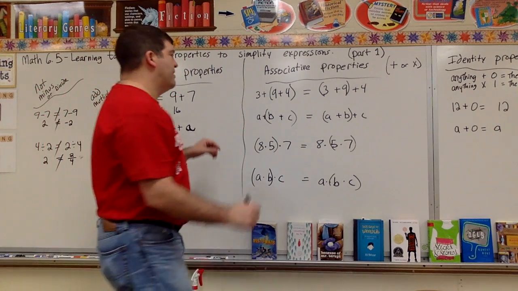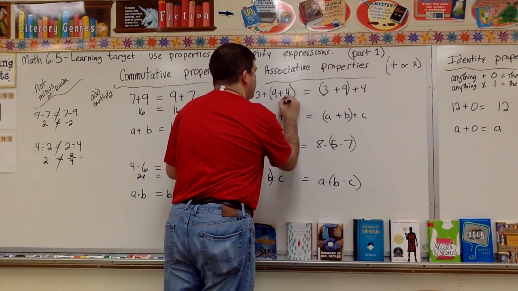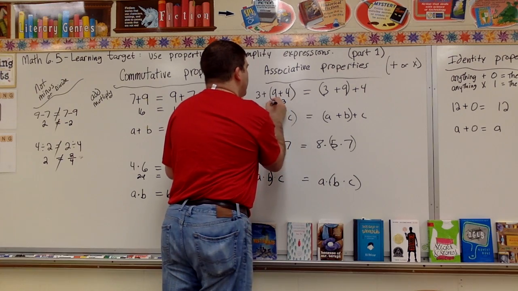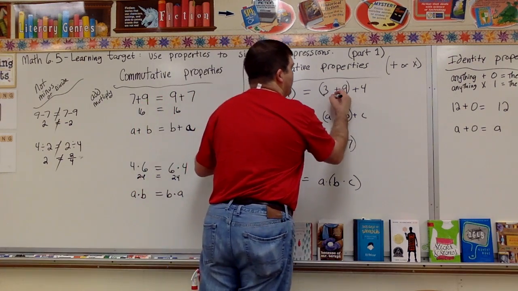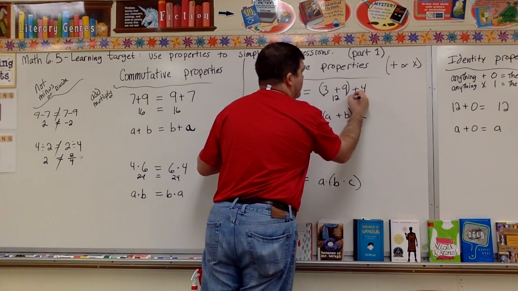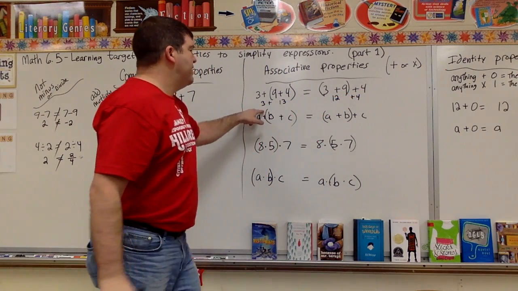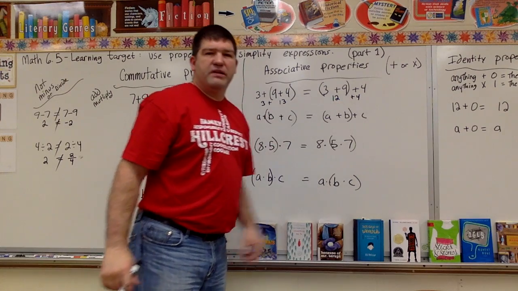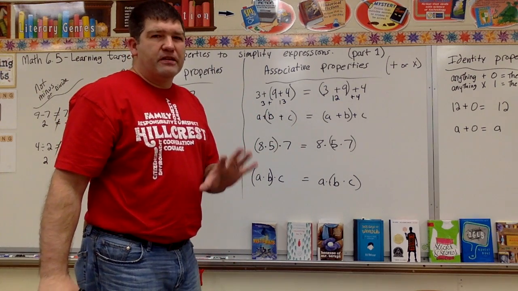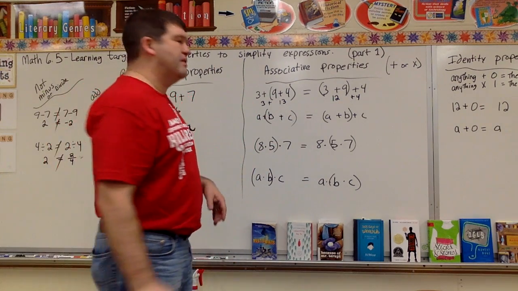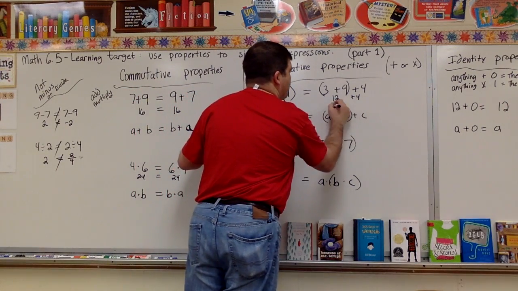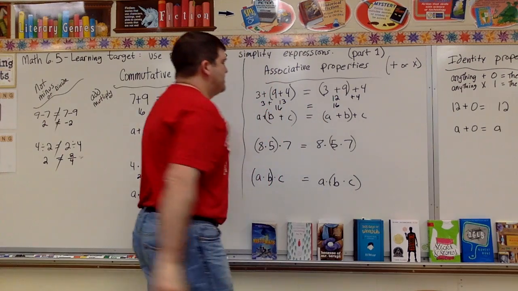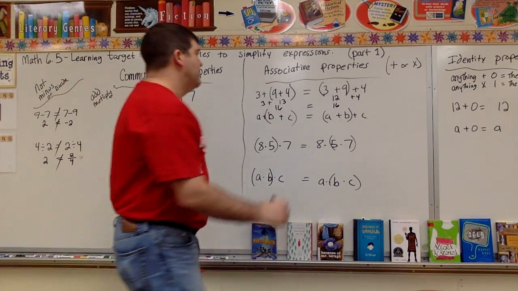Let's see if I get the same answer. 9 plus 4 is 13, and then I bring down the other stuff. This one, 3 plus 9 is 12, and bring down the other stuff. So I have 3 plus 13 and 12 plus 4. Looks a little different right now, but let's finish it. 3 plus 13 is 16. 12 plus 4 is 16. 16 equals 16.